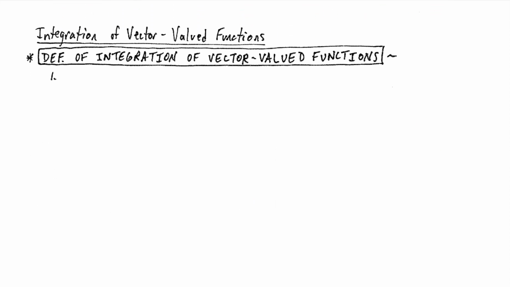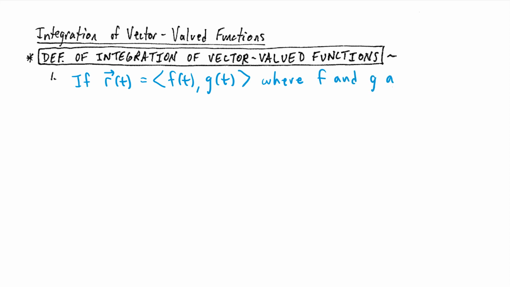Well, speaking of integration, how are we going to integrate? Turns out it won't surprise you in the slightest. Let's say your vector valued function r is defined to be f of t, g of t, where f and g are continuous on some interval a to b, and it could be from negative infinity to infinity.